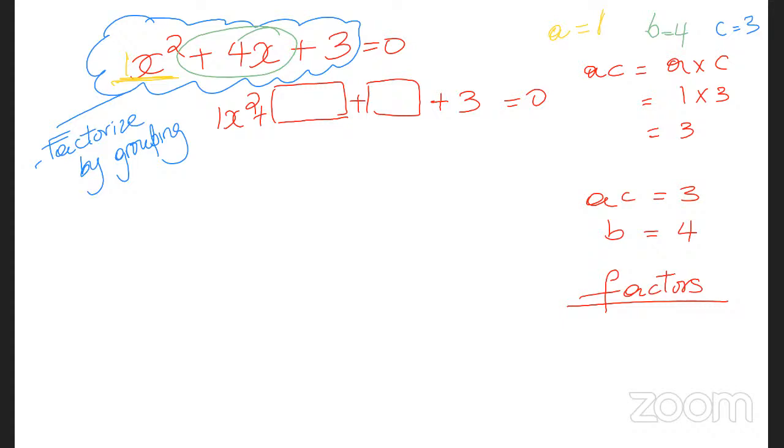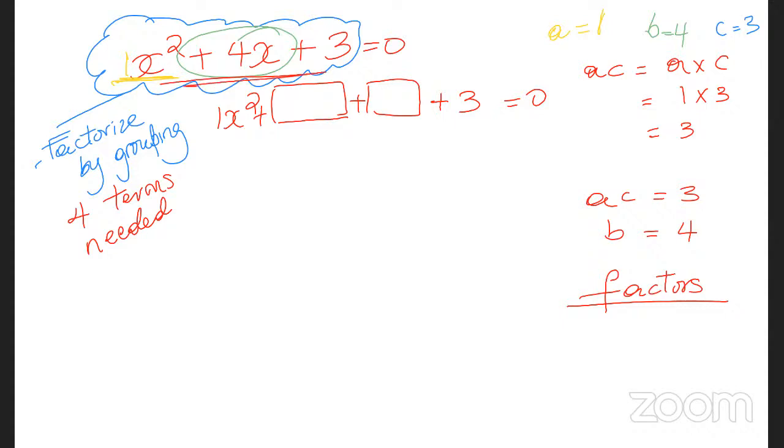So what we're doing is factorizing by grouping. We're rewriting it so we can factorize by grouping. But when you're factorizing by grouping, we use 4 terms. So 4 terms are needed to do so. Because we need 4 terms and we only have 3, we're going to rewrite this quadratic expression.